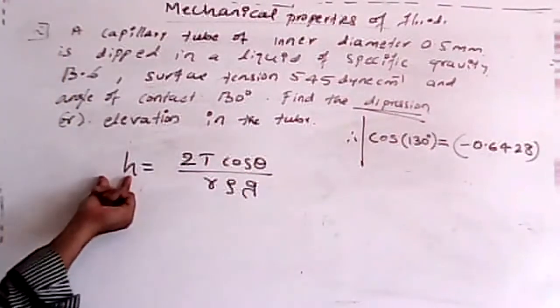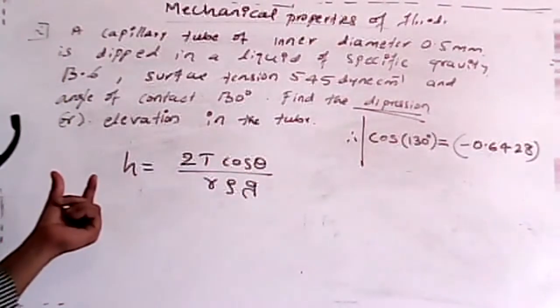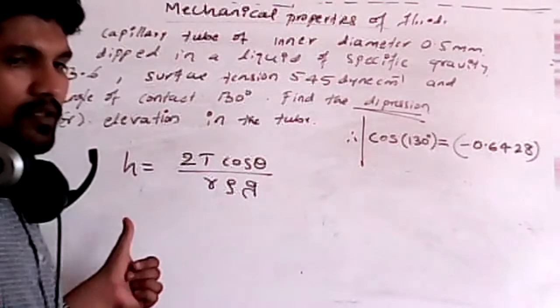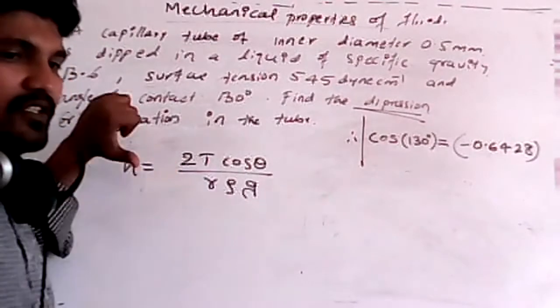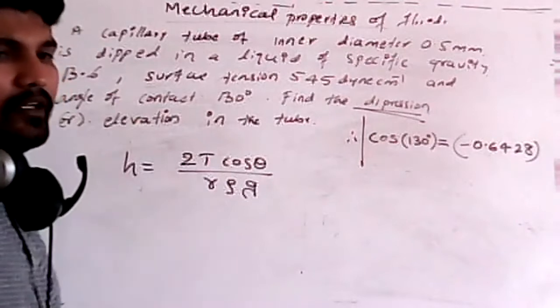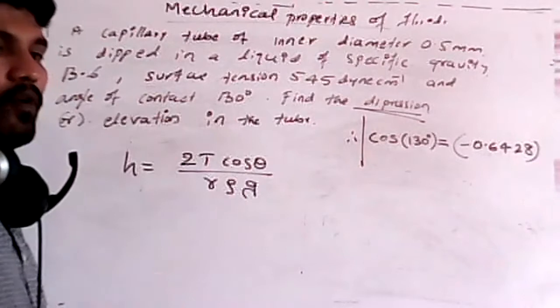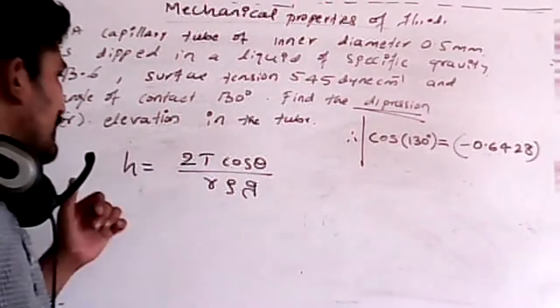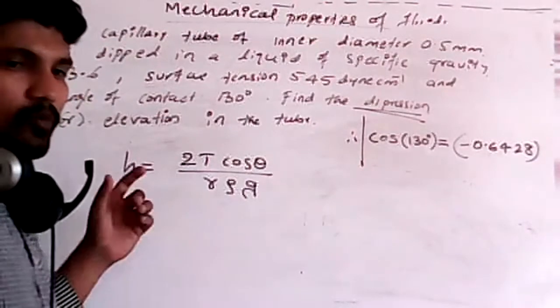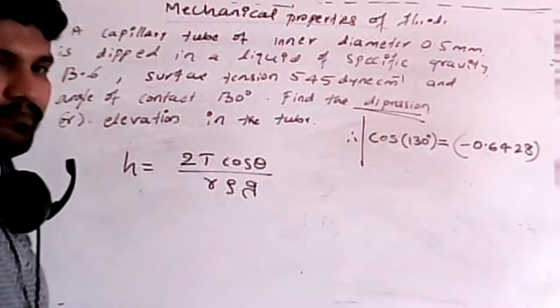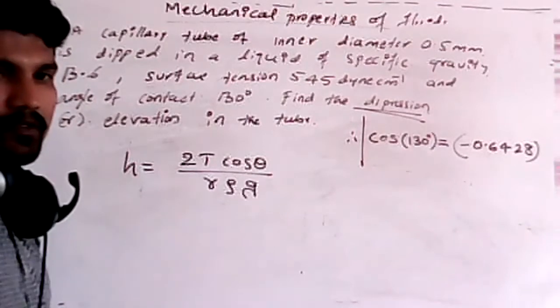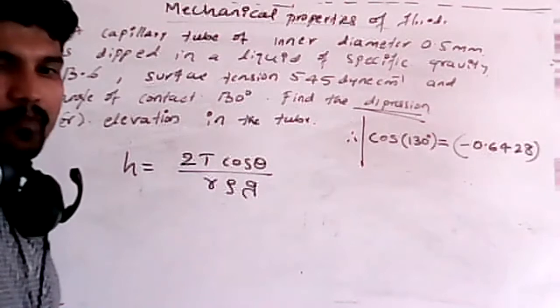If h is positive, then you get rise in height. If h is negative, it is falling down. So that is capillary rise and capillary fall. We'll see whether you get h value positive or negative. Students, tell me what you will get.